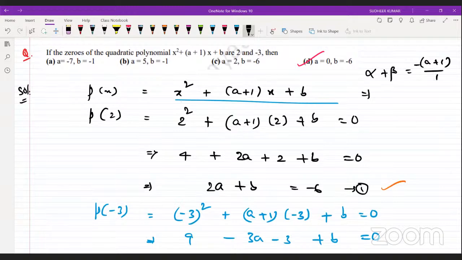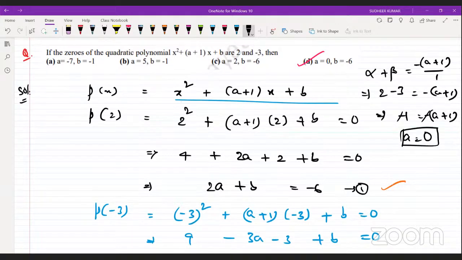The result is 2 minus 3 equal to minus of a plus 1. So minus 1 equal to minus of a plus 1. Minus minus cancel, a equal to 0. When a equal to 0, find the value of b. Alpha beta equal to c by a, b by 1. So alpha beta is minus 6 equal to b. So this is a shortcut method we can use.